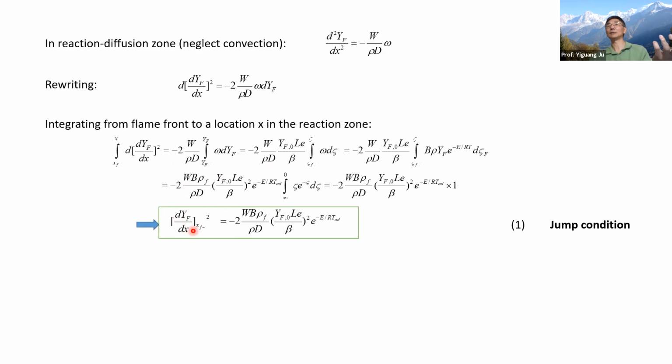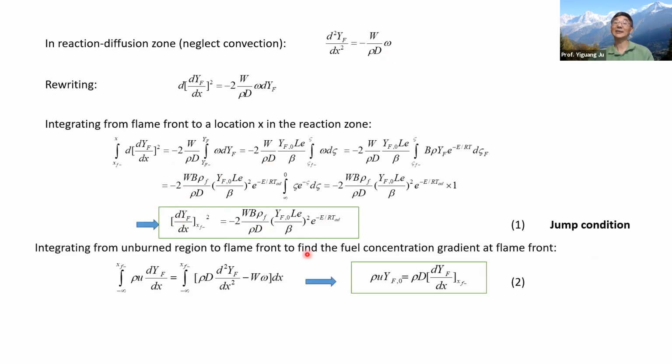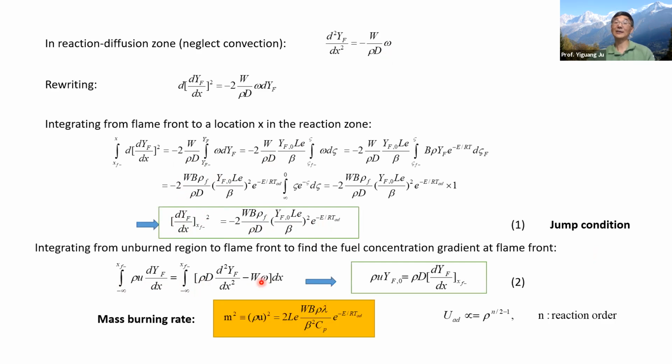After the flame it is zero, and before the flame it is proportional to the reaction rate like this. If you substitute this into the previous reaction diffusion zone equation, what do you get? You get the flame speed, like this.